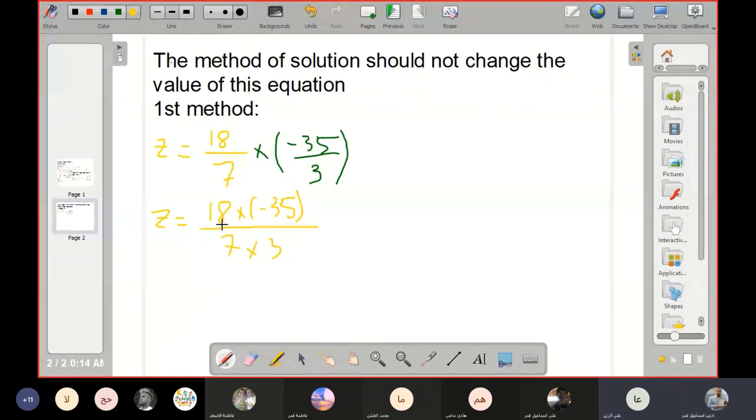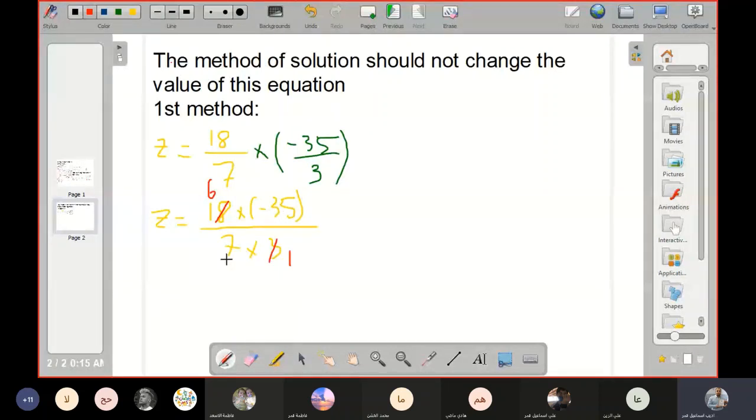Now, before multiplying and getting larger numbers, we can simplify. 18 and 3: what's the greatest common divisor between 18 and 3? It is 3. So 3 by 3 is 1, and 18 by 3 is 6. Also, we have minus 35 over 7.